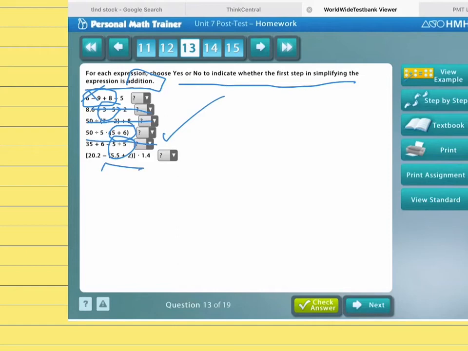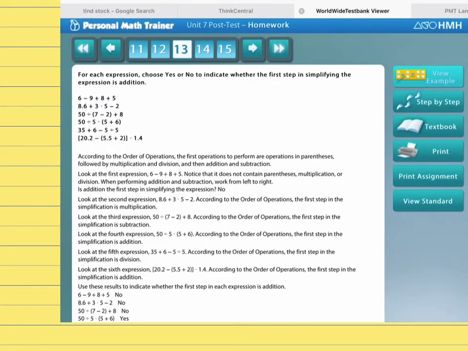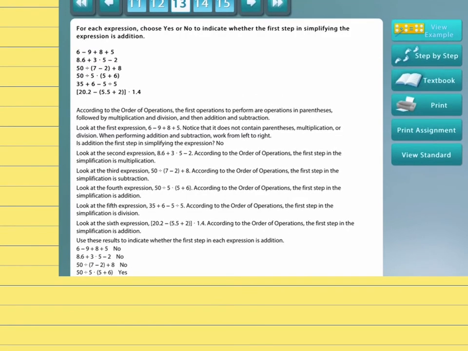Yes, this one, yes, because you got parentheses inside brackets. So this is a yes. So we have 2 yeses, 4 no's. And we got no, no, no, yes. It looks like I cut off part of the answer here. But yes, it's 2 yeses, 4 no's.